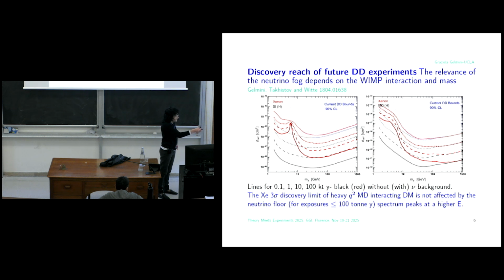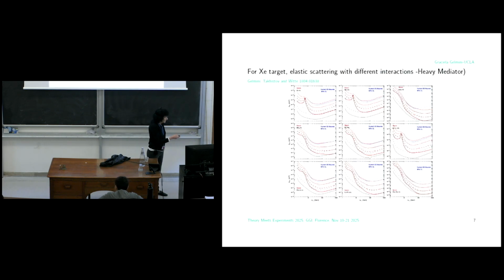And here, if you go to heavy enough particles that would require going to high energies, I think we had a window here between 50 and 300 keV, because the spectrum goes up and goes down again, so the maximum is at high energies. Then you're not bothered, practically.